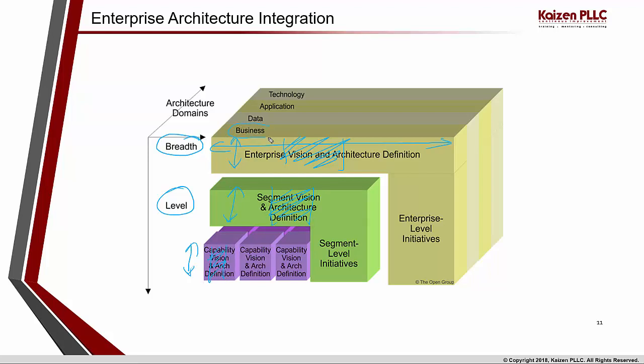And then the domain architectures itself, collectively known as BDAT. Okay, so this is about the enterprise integration of the different architectures at different coverage from a breadth perspective, from different depth, from level perspective, time span or time period, as well as from architecture domains.